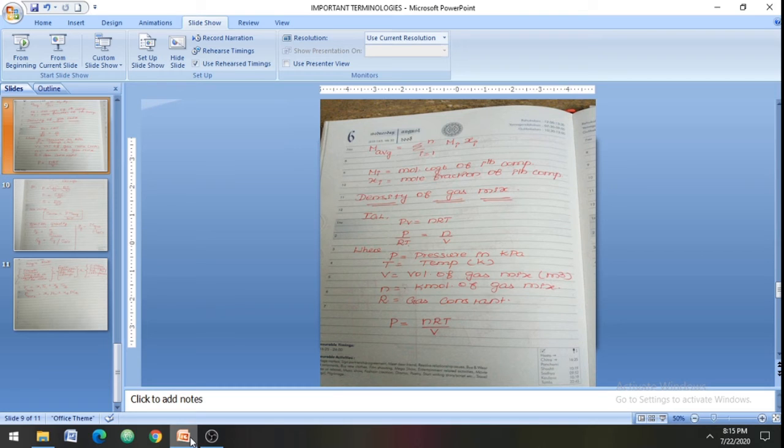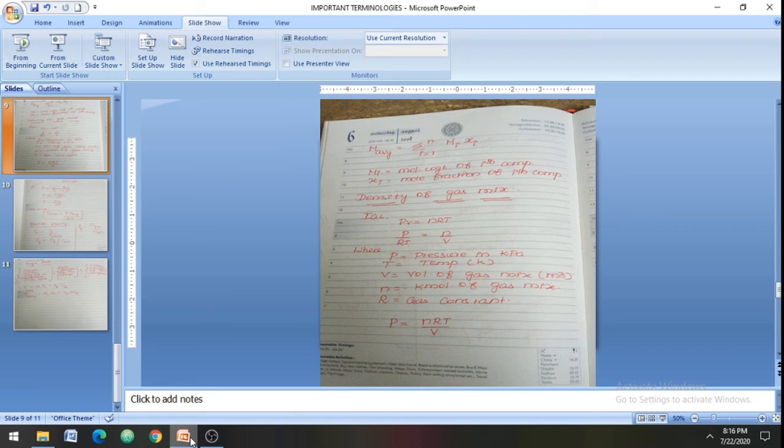I will give a small example. I have two components. One component is carbon dioxide and the other is hydrogen. Carbon dioxide is 80% and hydrogen is 20%. We need the mole fraction value, that is Xi, but we only know the percentage. Carbon dioxide is 80, hydrogen is 20.